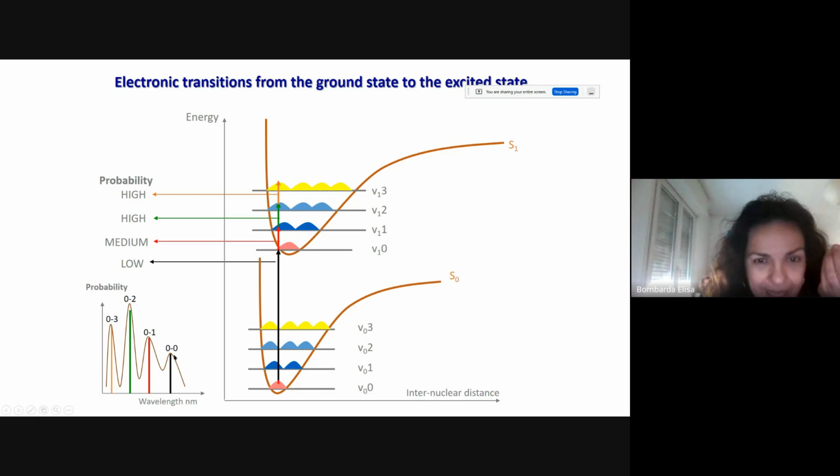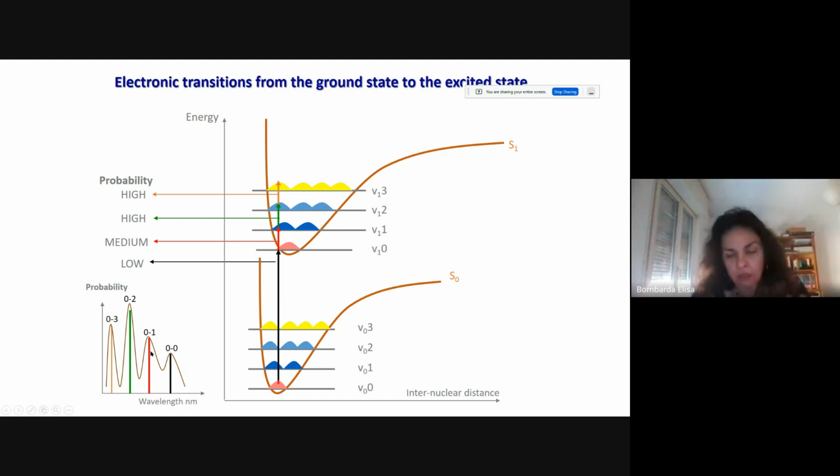It is instead larger with the red arrows that arrive here, even larger with the green arrows, and so this is reflected in the intensity of the spectra. So the height of the spectra tells us the probability that this transition is occurring, and so we can build up the spectra in that way.